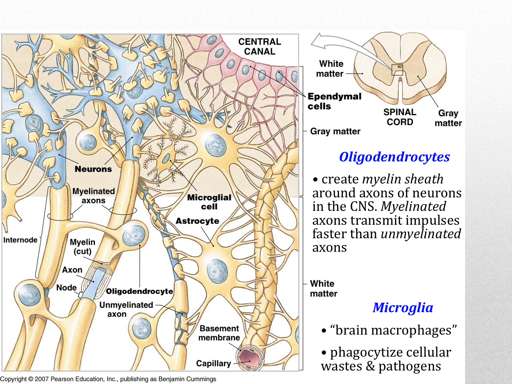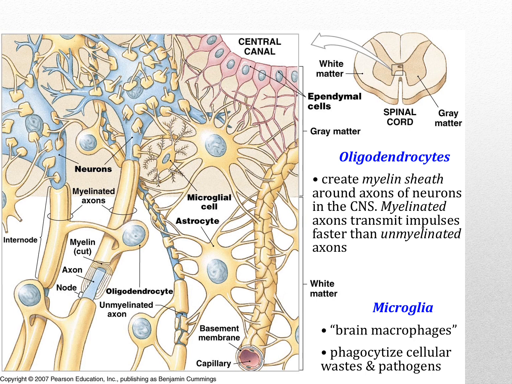So what is the purpose of the myelin? It allows an action potential to move down the axon more rapidly. I'm not going to go into the physiology, but the action potential jumps across the myelinated material to the node.